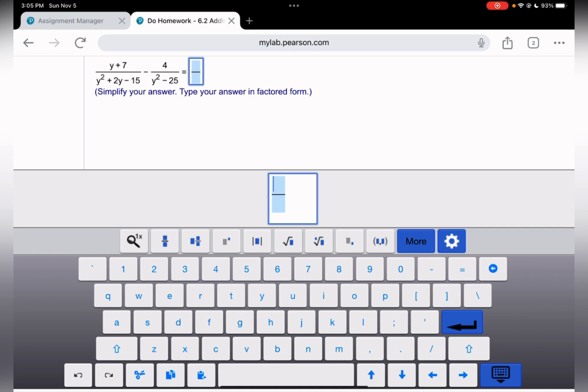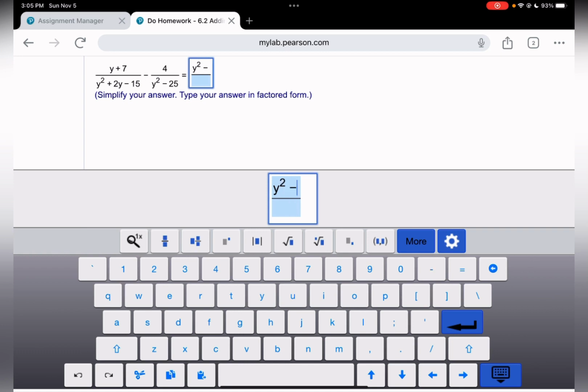Okay. So it's going to be y to the power 2, next minus 2y, and plus, no, minus, I'm sorry, 23.